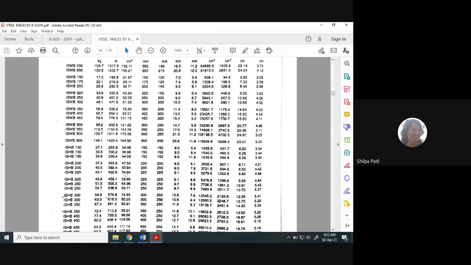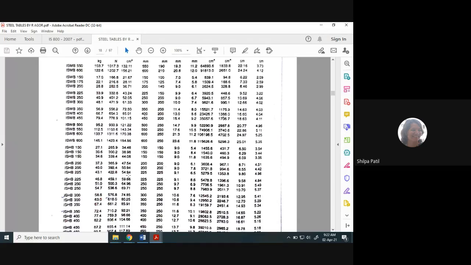So you can try all these three sections. Today we will solve ISHB 225, but as homework, as it will give you practice in designing, you can choose this section also. You can choose ISLB 325 also and verify the values. See, not only the area, but also the class of the section is important.